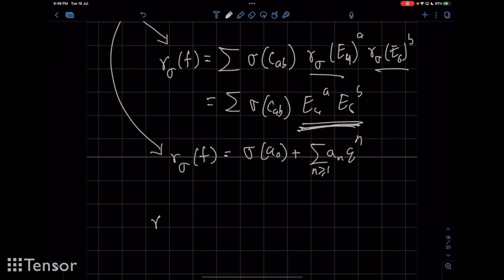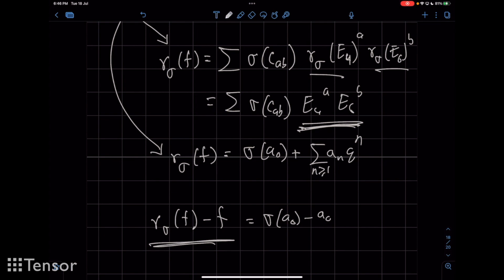And if we subtract, R sigma of f minus f, we get another modular form, and that is nothing but sigma of a_0 minus a_0. So this is a modular form, and in fact it's a constant modular form.